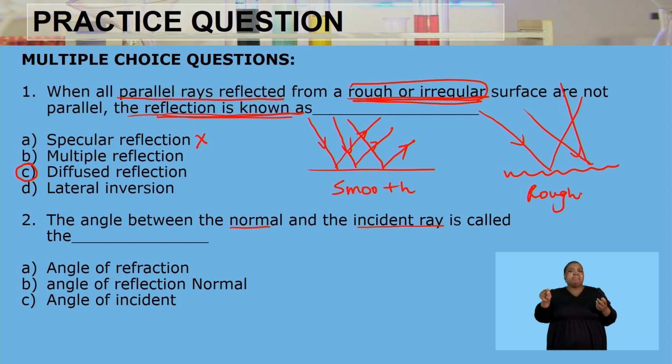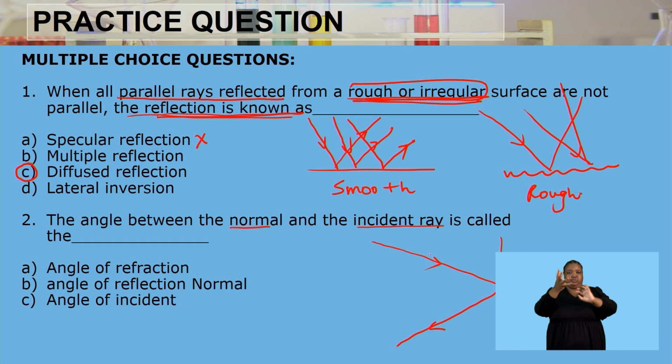So we do know that the normal, the incident ray, and also the reflected ray, we all find them in our ray diagram. If we were to draw a ray diagram, we would have an incident ray coming from the source, being a luminous object, and then this particular ray is going to be reflected, or it's going to bounce off the surface onto the observer.